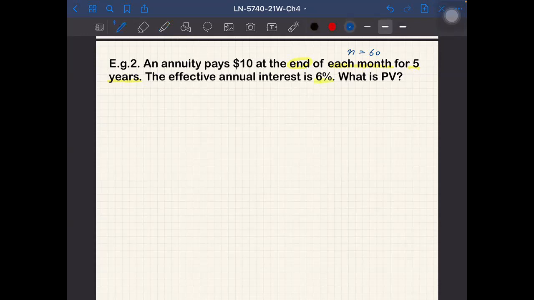Since the payment frequency is monthly, we use that payment frequency. That is 1 month as the time unit.